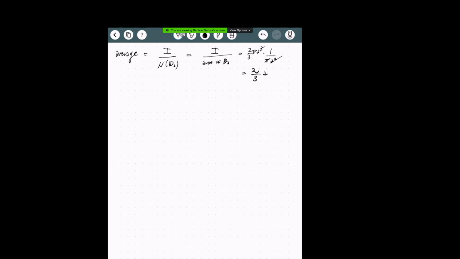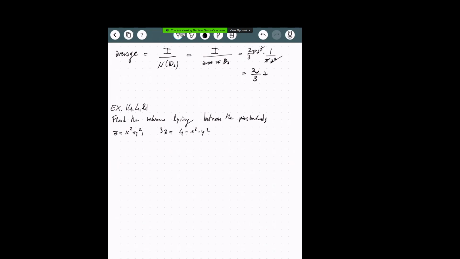Let's see number 21. It says, find the volume lying between the paraboloids z equal to this, and this.